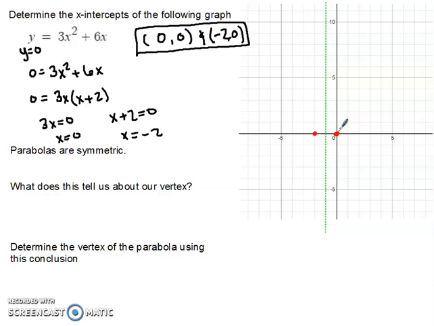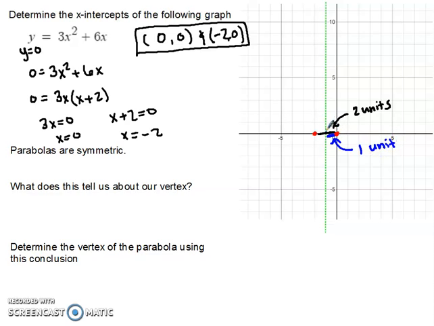So to find that, I've got a 0 and a negative 2. That distance is 2 units. So this entire distance is 2 units. If I cut that in half, I can find the distance on either side of my axis of symmetry, which tells me that this distance is actually only 1 unit.